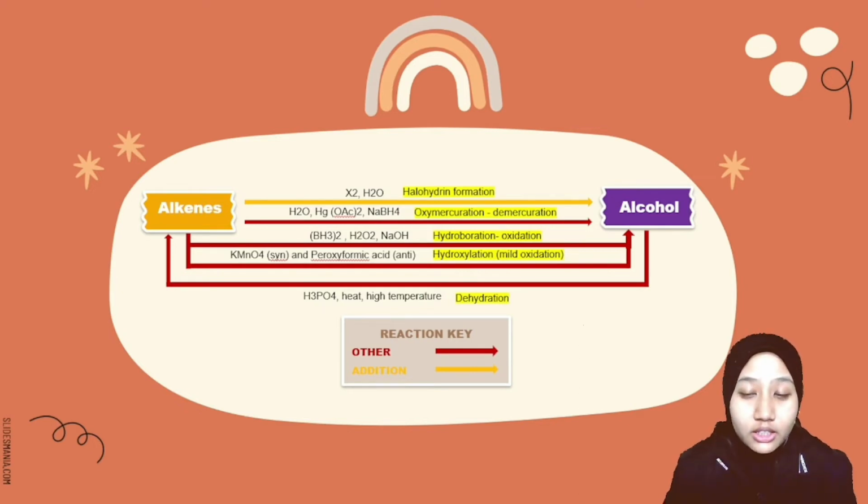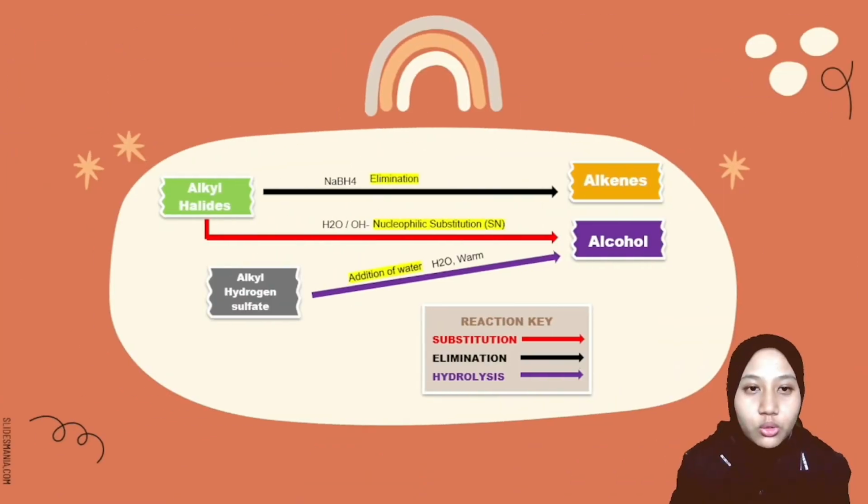To form alkene from alcohol, we have a dehydration reaction by adding alcohol with phosphoric acid with heat and high temperature to form alkene. Now we go to alkyl halide reaction. There are 2 types of reaction for alkyl halide, which are elimination and nucleophilic substitution.